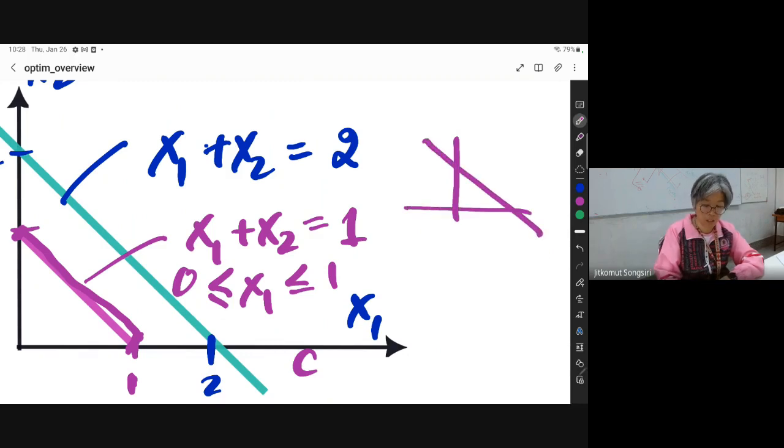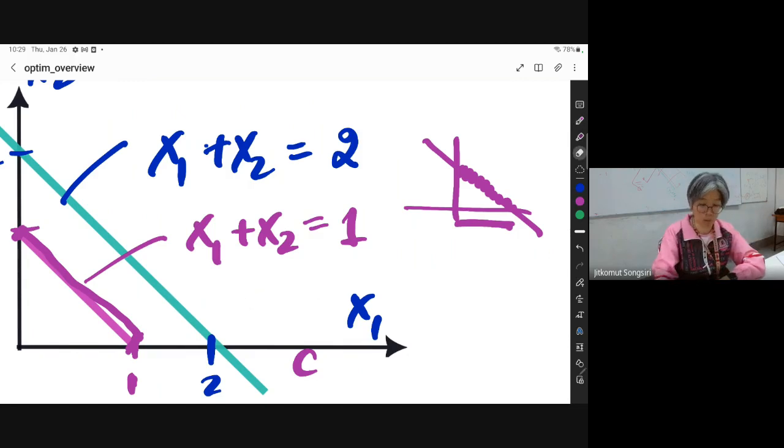And then if you restrict x1 to be only 0 to 1, you get this portion, right? That's one thing. Okay, that's possible. Or you can use x2. Or this is possible. This is all possible.